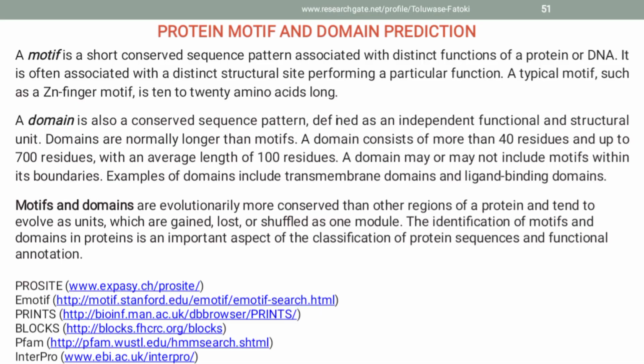That insight has been advanced even to what we call CRISPR gene editing today. So you have to understand motifs: those are the segments of your DNA or protein that have a distinct function.